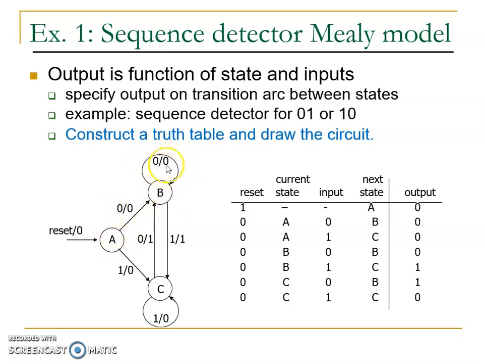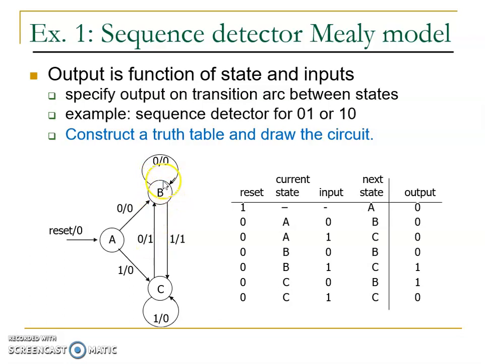When the input is 0 and then 1, the output will be 1 because it detects the 0, 1. Same goes for 1 and 0, the output will be 1.